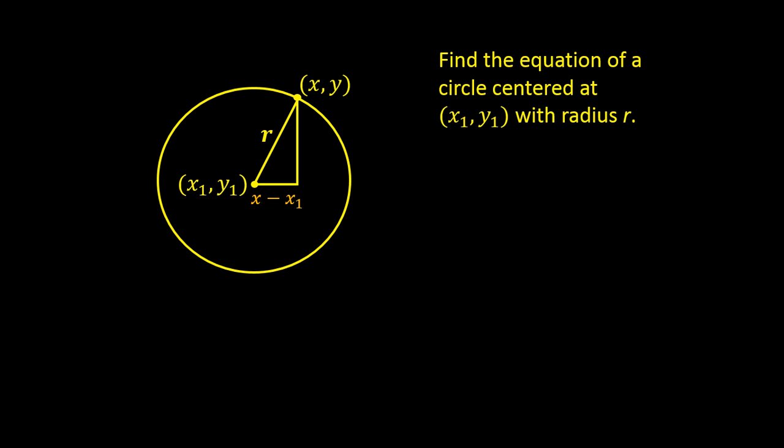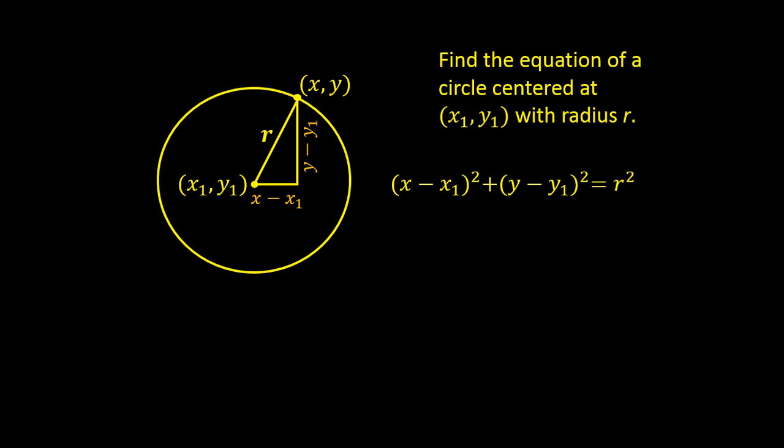The length of that bottom leg of the right triangle would be the difference of the x coordinates of those 2 points. So that would be x minus x sub 1. And the length of the other leg of the right triangle is the difference in the y coordinates, which is y minus y sub 1. And the Pythagorean theorem says that if we square each of those legs and add them together, that will equal the square of the hypotenuse.